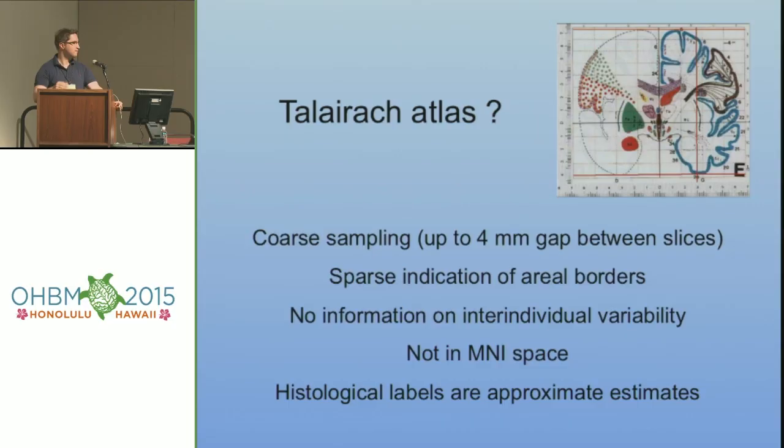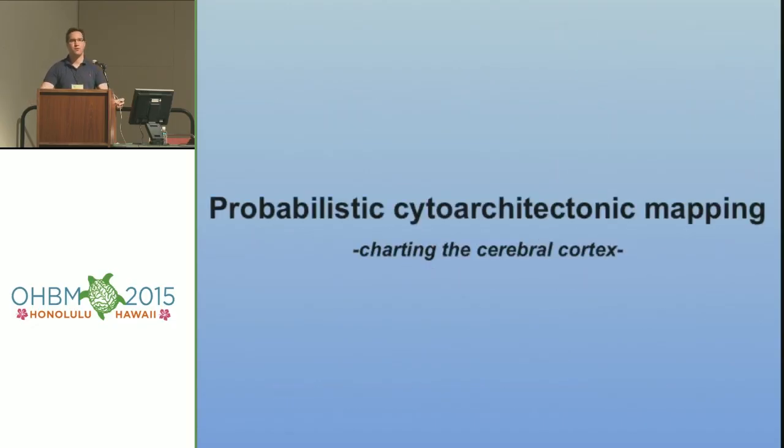But then 5 to 10 years later, everybody was taking these labels as something real, and they're not. They're really just a visual illustration, basically a gimmick. Since there is really no anatomical basis for Talairach labels, and note that I'm not saying that the areas per se are wrong, the areas are based on the histological examinations by Brodmann.